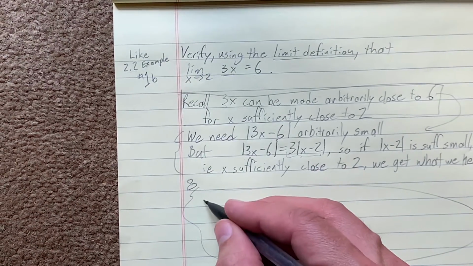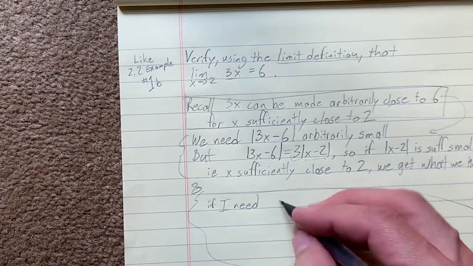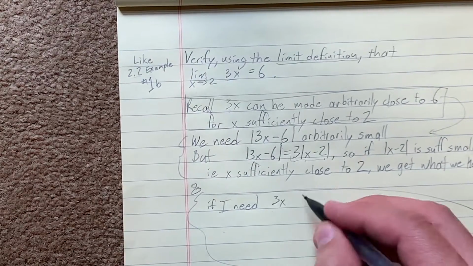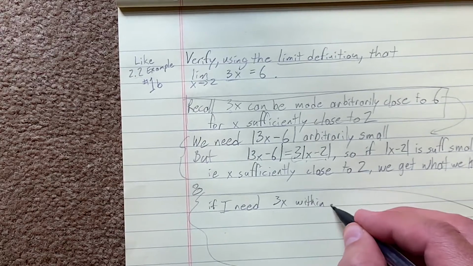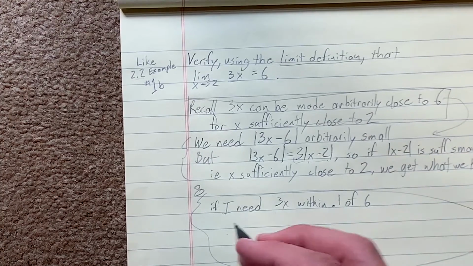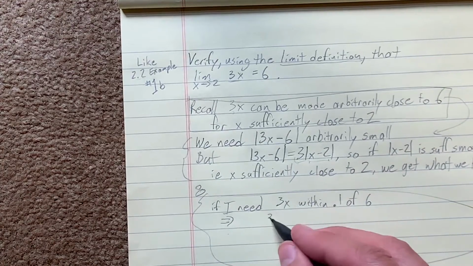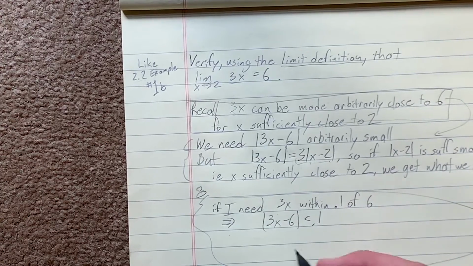So if I need 3x within 0.1 of 6, that means the absolute value of 3x minus 6 is less than 0.1.